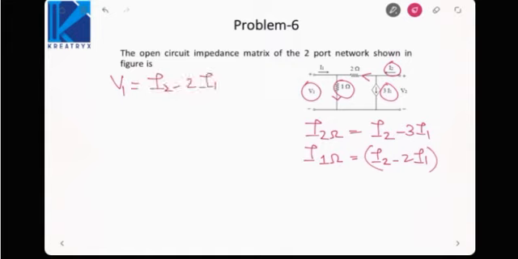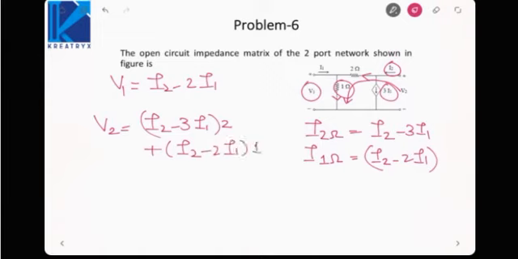From here I get the Z11 and Z12. Then we have to find V2. Apply KVL in this loop. V2 is equal to I2 minus 3I1 multiplied by 2 ohm plus I2 minus 2I1 multiplied by 1 ohm. So V2 will be equal to 3I2 minus 8I1.